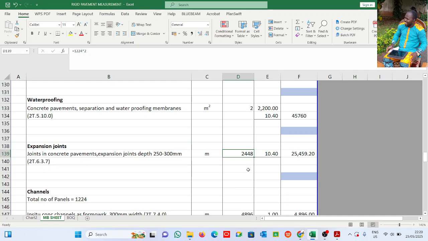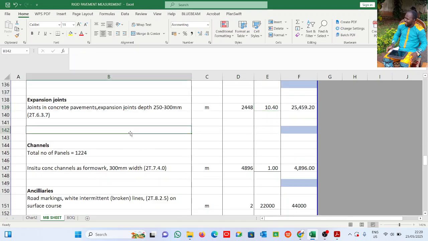1224 is the number of panels we have times 2, because we have two sides of the road, and of course it is 10.4 width. Okay, of course in building works, you see we have formwork for concrete, formwork to beam, formwork to basement, formwork to concrete bases or column bases. Here we're using channels, right?